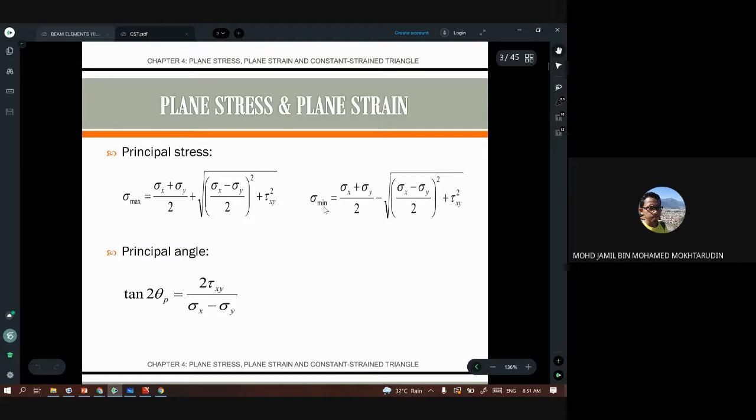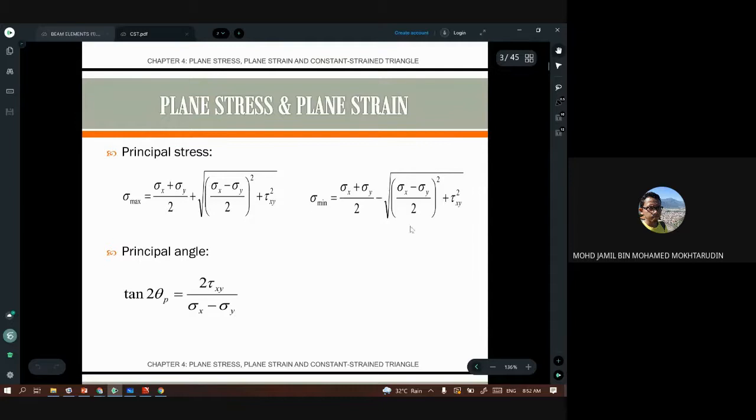Sigma minimum is a similar formula but with a minus. And the principal angle: tangent of 2 theta p equals 2 times tau xy over sigma x minus sigma y, where theta p is the principal angle.